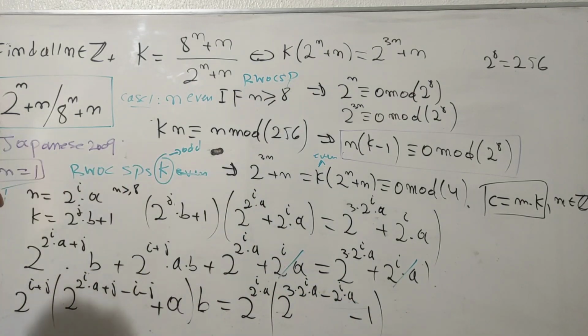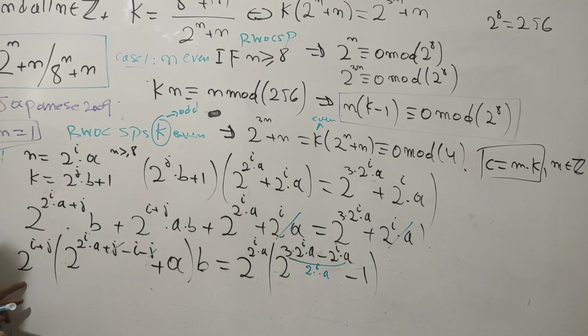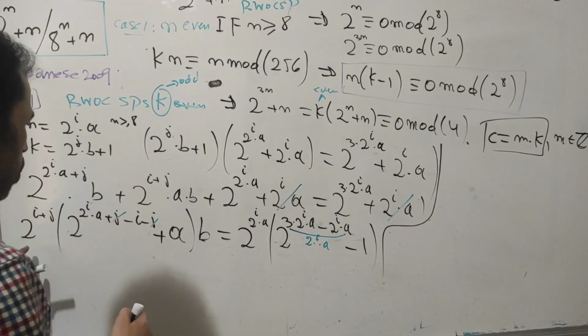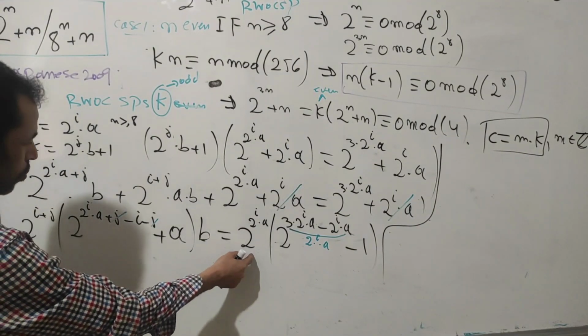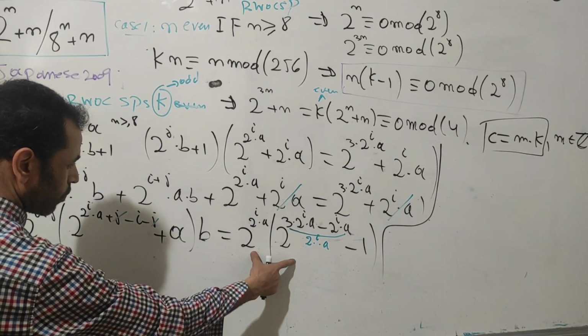Okay, I will have some simplification in the exponent, and also I'm going to divide both sides by 2 to the i plus j here. Also I'm going to take this term and divide it by this term. Let's write this one on the left hand side of this equation first.